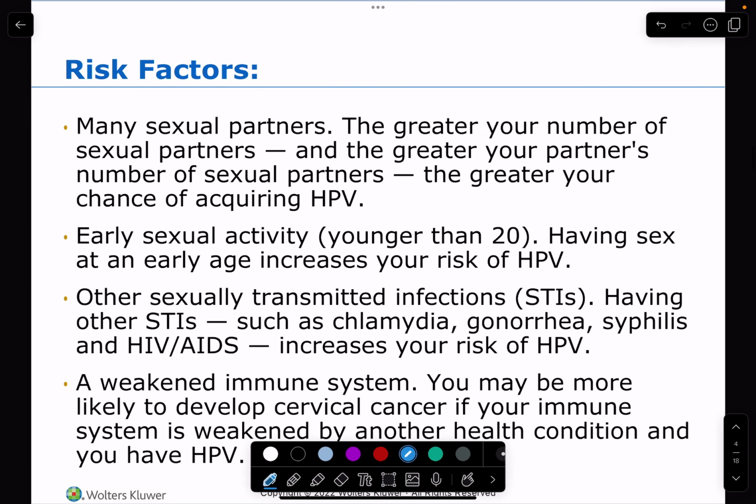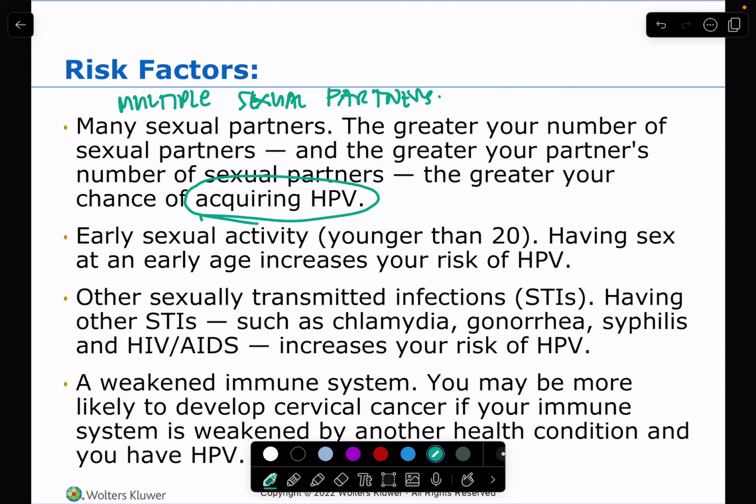Okay? Risk factors: many sexual partners. The most common risk factor is having multiple sexual partners. The greater the number of your sexual partners, and the greater your partner's number of sexual partners, the greater the chance of acquiring the human papilloma virus.